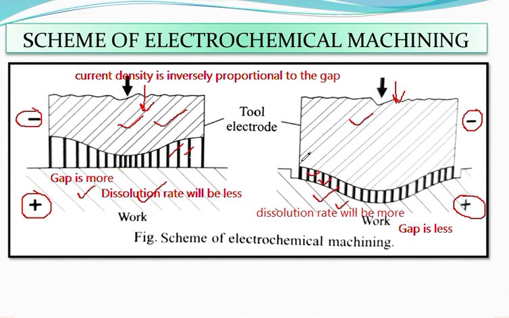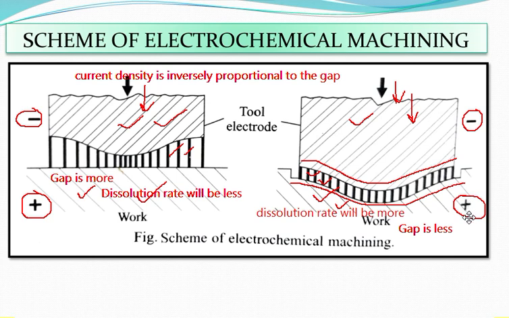So you can see this is the particular shape of your tool, and the shape that is generated in the workpiece is also the same. When you are inserting the tool into the workpiece, you are getting the shape of your tool over the workpiece.